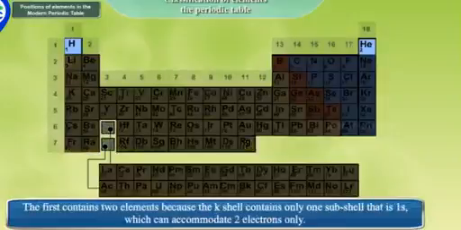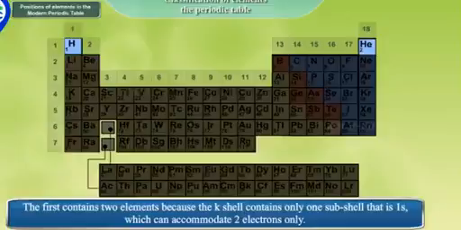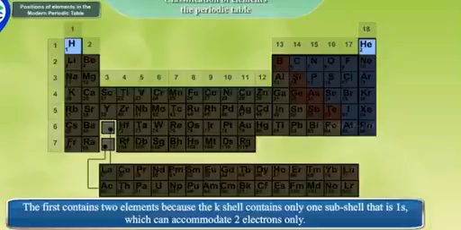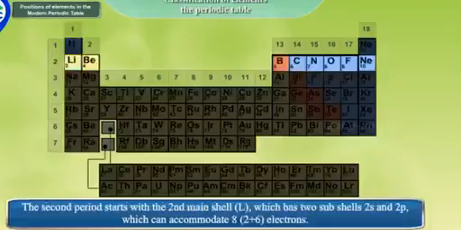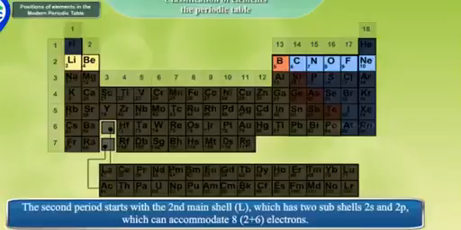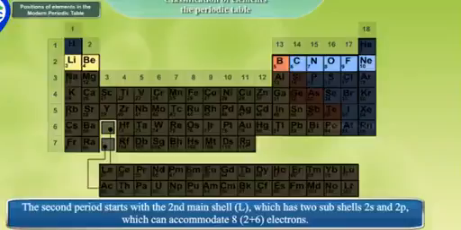The first period contains two elements because the K shell contains only one subshell, 1s, which can accommodate 2 electrons only. The second period starts with the second main shell, L, which has 2 subshells, 2s and 2p, which can accommodate 8, that is 2 plus 6, electrons.